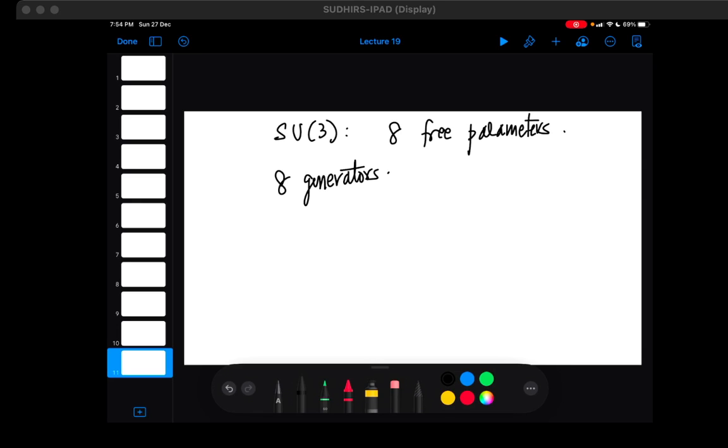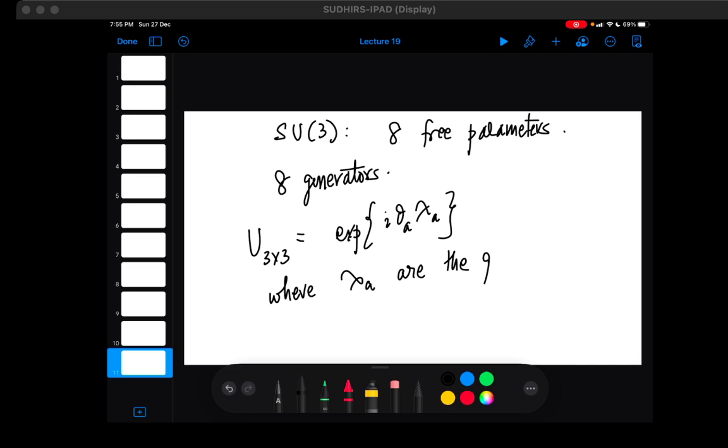So U, 3 by 3, is equal to exponential of i theta a lambda a, where lambda a are the generators of the SU3 group.